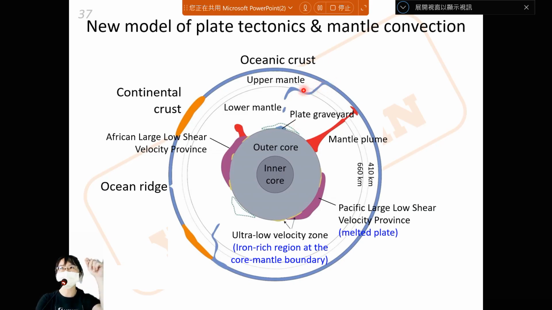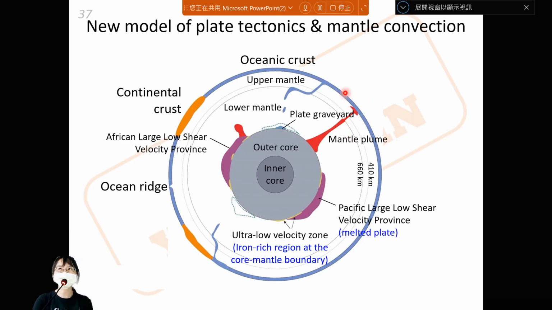Because subduction will introduce more silicates back to the mantle, to balance the mass there must be upwelling, and the upwelling should also be deeply rooted. Scientists believe that the upwelling part is the mantle plume, because seismic tomography shows you that the mantle plume is a very deeply rooted feature.